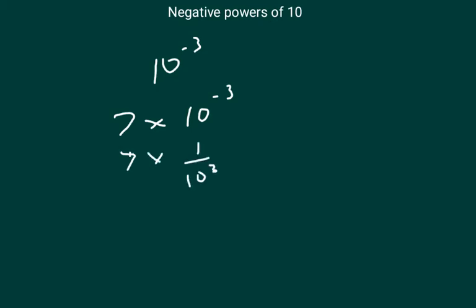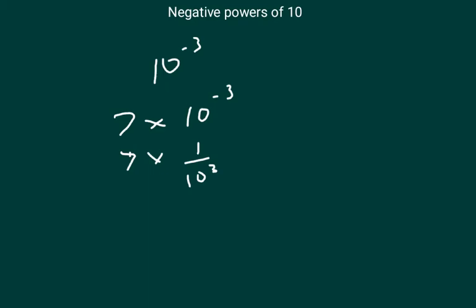When you have a negative power of 10, you're writing a number that's between 0 and 1. It's a small number. It could be approaching 0. So a negative power of 10 would look like 10 to the negative 3rd power. So if we have 7 times 10 to the negative 3rd power, we could write this as 7 times 1 over 10 to the 3rd power, right?